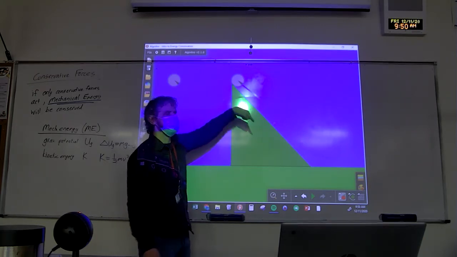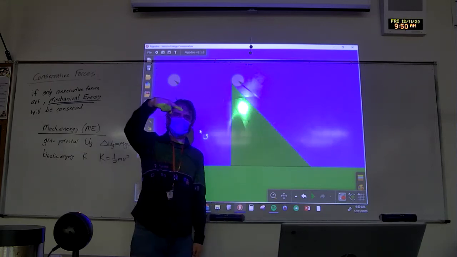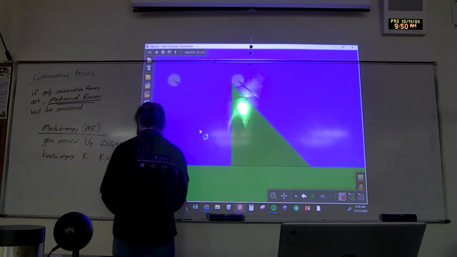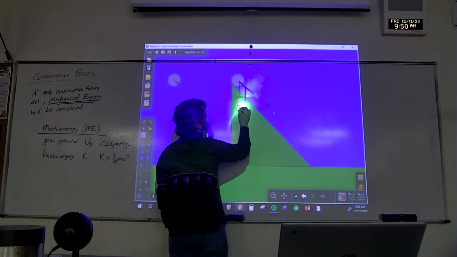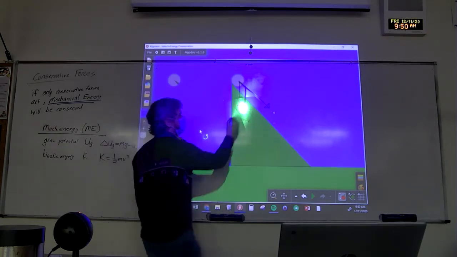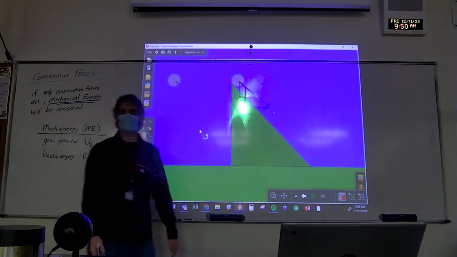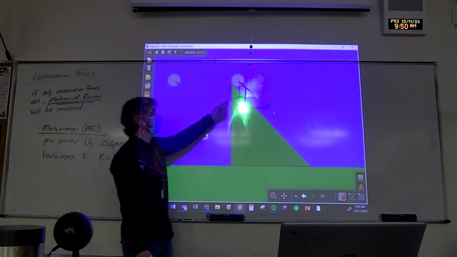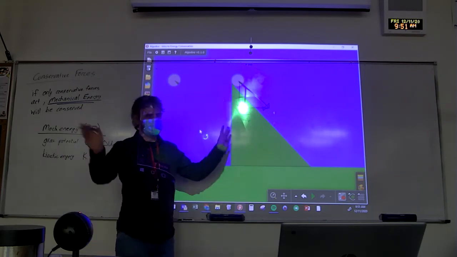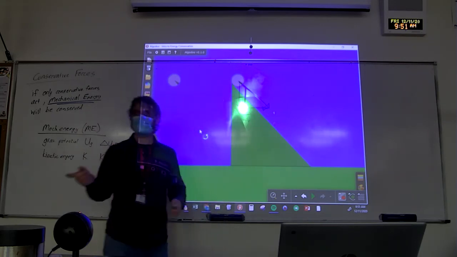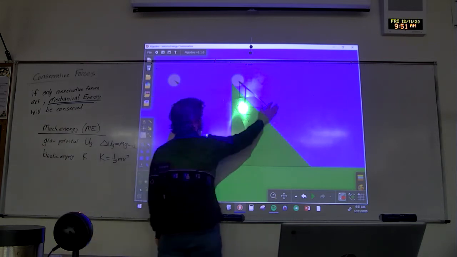Yes, it is slanting downward, but we can decompose that displacement vector into a vertical component where gravity is doing work in that direction, and a horizontal component where gravity is definitely not doing work. We could say that the normal force is actually doing work kind of in that direction, but we're just worrying about gravity right now because gravity we know is a conservative force at this point.